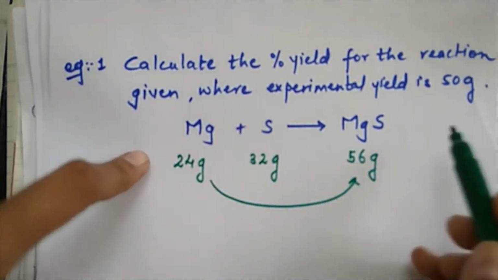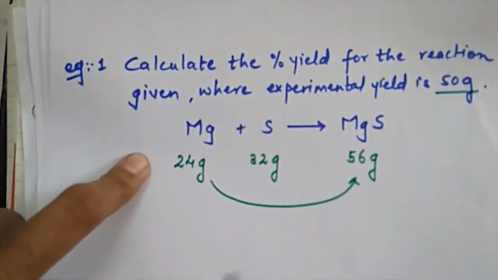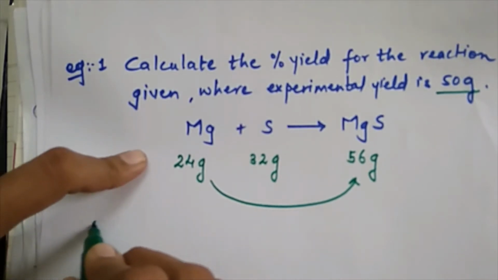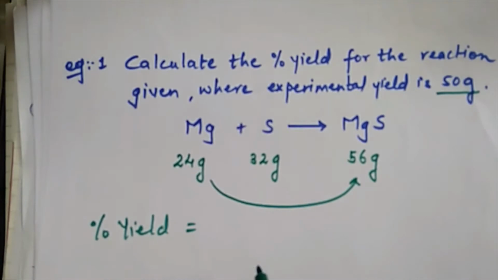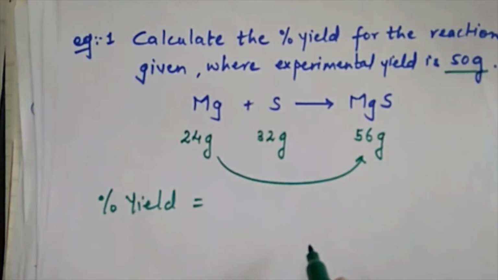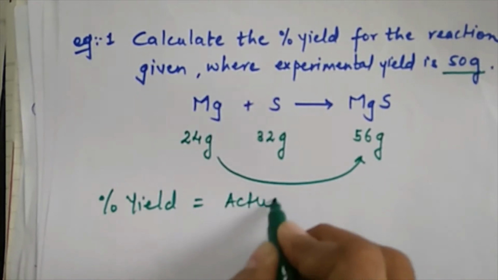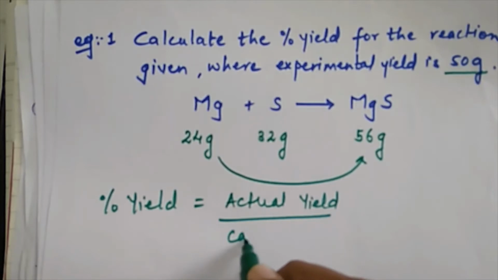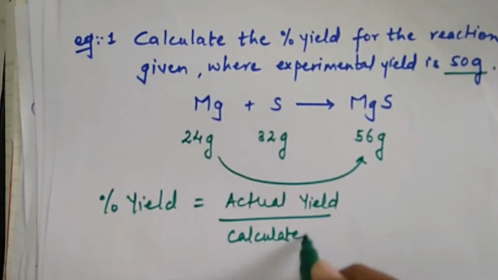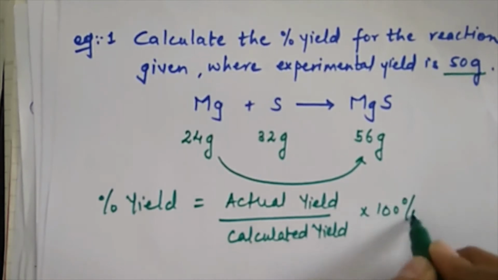Now here the experimental yield is given as 50 grams. The question is to calculate percentage yield. Percentage yield is equal to the actual yield divided by the calculated yield into 100%.